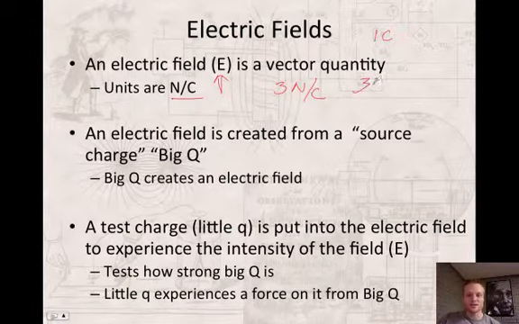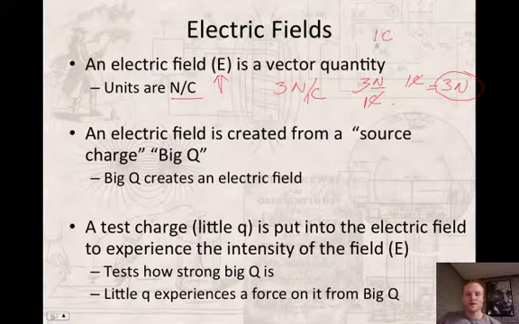If you do the math, for every coulomb it's going to feel 3 newtons of force, because the coulombs cancel and what's left is 3 newtons. That's what this number is telling you: 3 newtons for every 1 coulomb of charge.